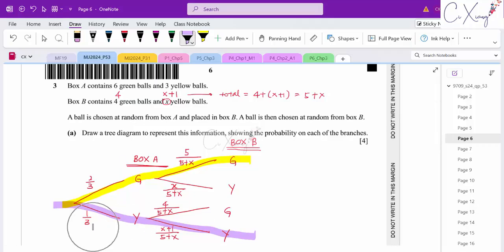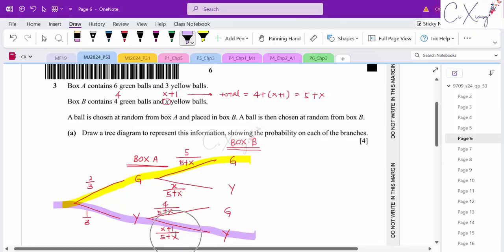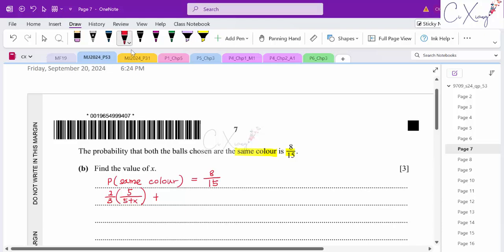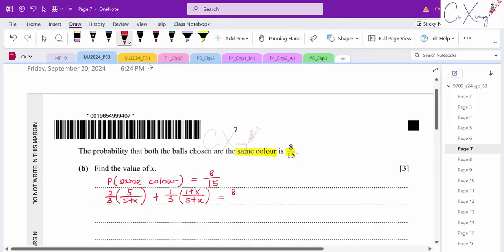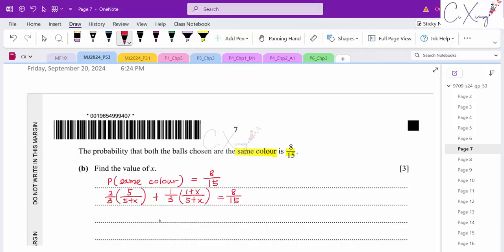The probability should be 1 over 3 multiplied by 1 plus x divided by 5 plus x, equals 8 over 15. What we should do now is simplify this equation and get the value of x. We try to solve that.